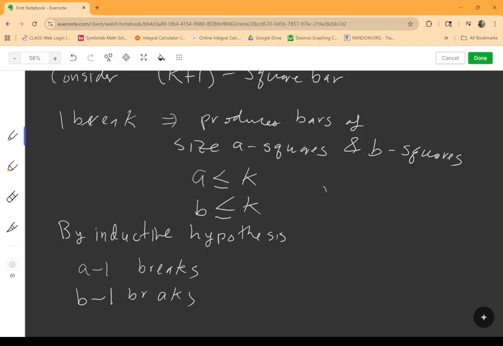And another thing, A plus B together equals K plus 1.